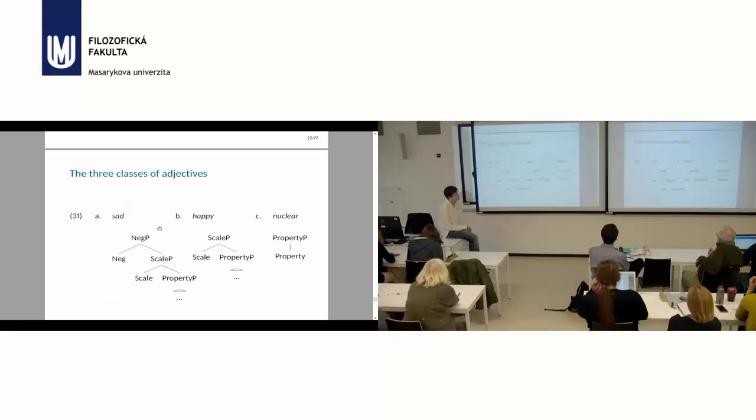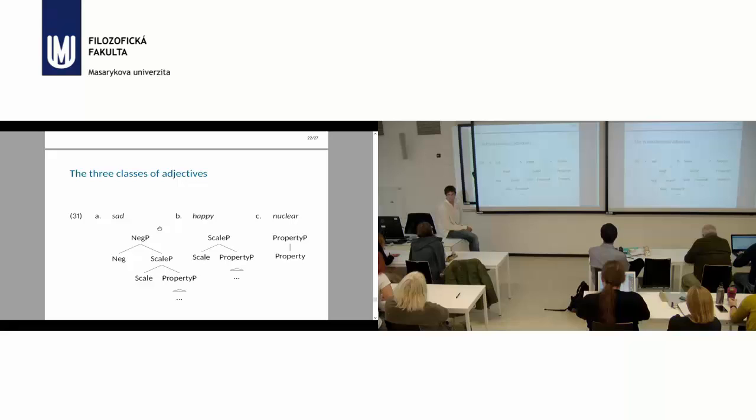Okay? And so here's an idea of how you can model these things using a functional structure all the way down. So you start with something like a property, which is in 31C, and you either have that property or you don't have that property. You're either a part of the nuclear family or not. Some properties have scales associated to them, and then you denote a particular point on the scale associated to the property.